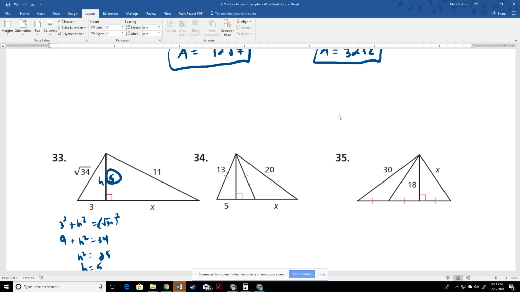Okay. And so now we can do Pythagorean theorem to find x. We can basically say 5 squared plus x squared equals 11 squared. 121 minus 25, right, is 96. Okay, I'm doing these in my head. I think they're good. And so x is going to be, let's see.